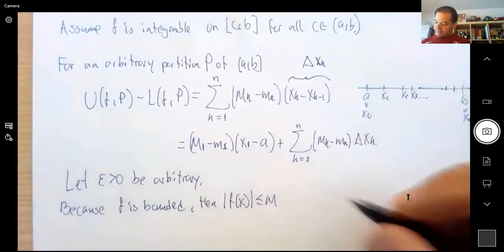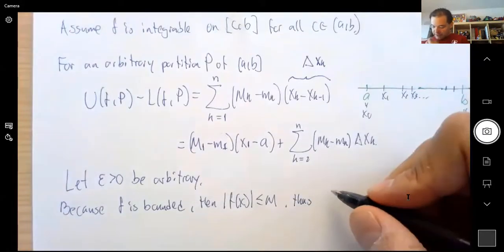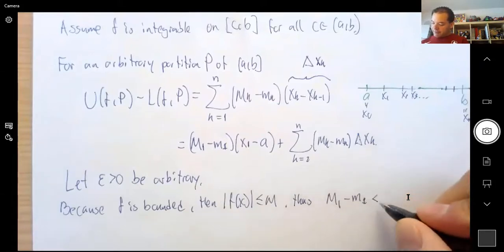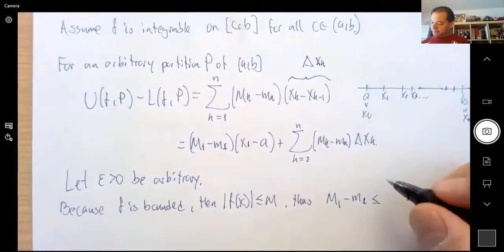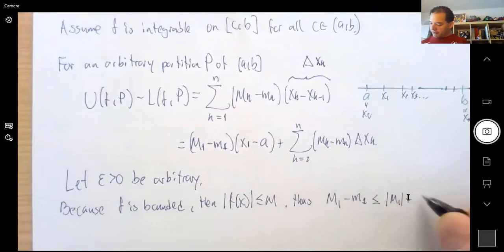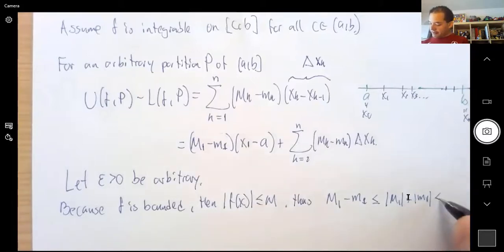So this means that when we do M1 minus little m1, well, that's smaller than for sure M1 plus m1, and either of these two is smaller than M. So this is less than or equal to M. So like I was telling you, I can control this. This is at most 2M.